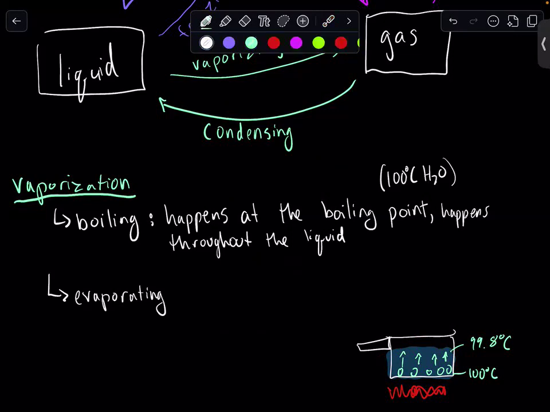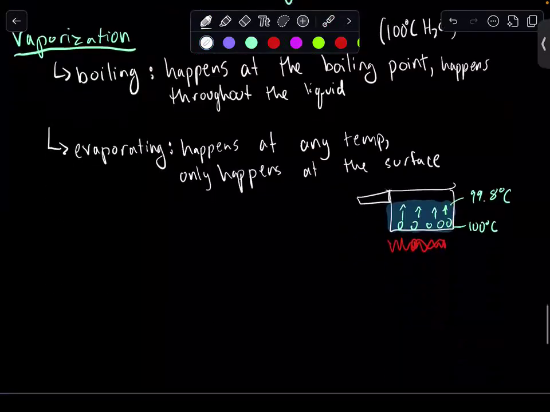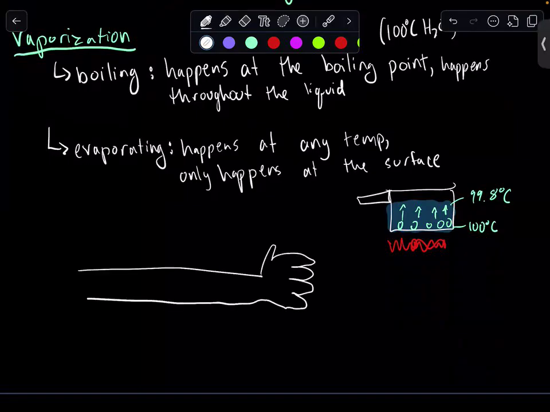Now, evaporating is a little different. Evaporation happens at any temperature, but it only happens at the surface. And you may notice this as well. For example, if you step out of a pool, and I'm going to draw a hand. Now, I'm not known for my art skills, and that's all right.